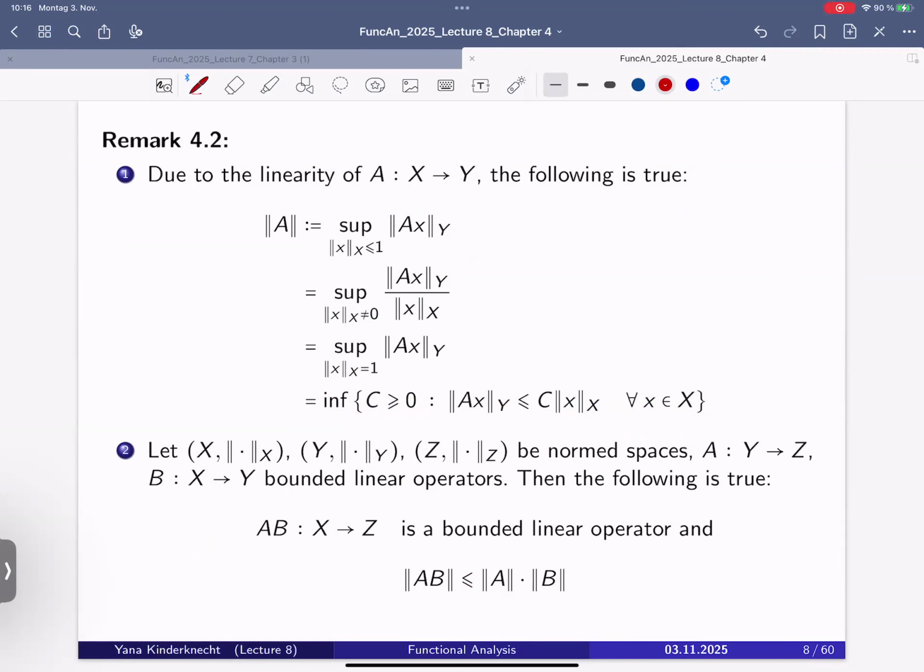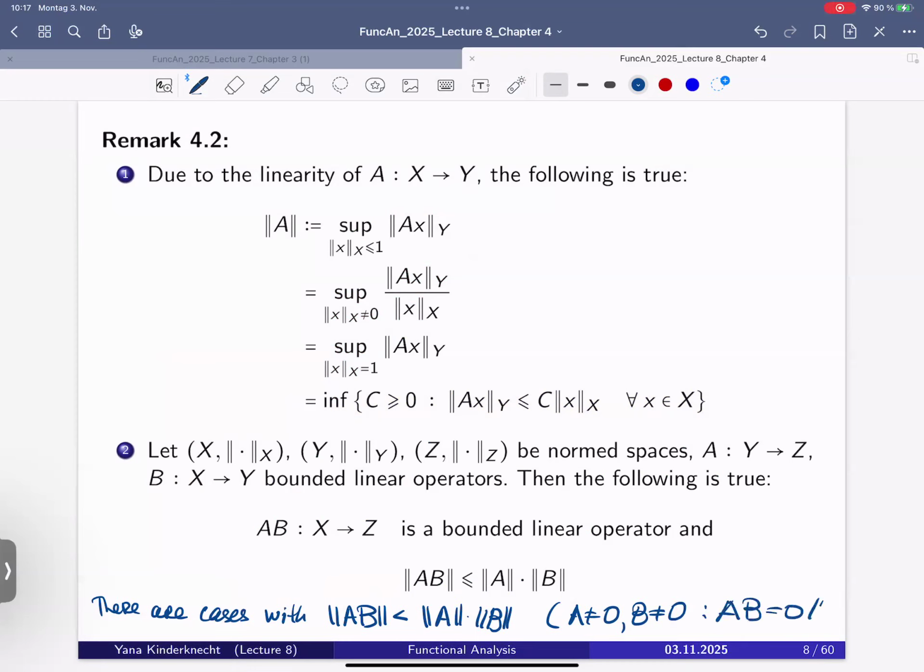The idea is as follows. Let me write it down. There are cases with the norm of AB strictly smaller than the norm of A times the norm of B. So one can take A, which is not a zero operator, and B, which is not a zero operator, but such that their composition is a zero operator.